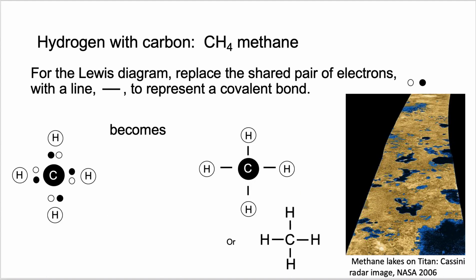And in the Lewis diagrams, you can draw a line for those shared pairs, the covalent bonds, and just put in the symbols. You don't need the circles.